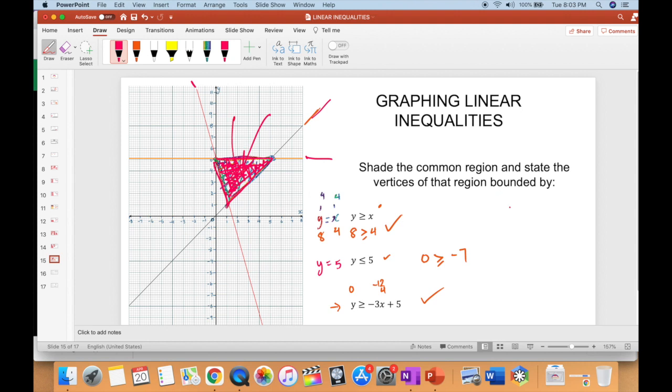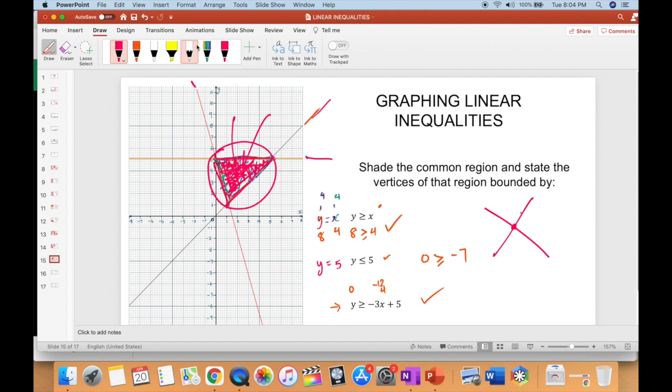Remember, when you find two simultaneous equations, what you're finding is one point that satisfies both equations, right? In this case, what we're finding is an entire region. So you see that region inside of this triangle here?